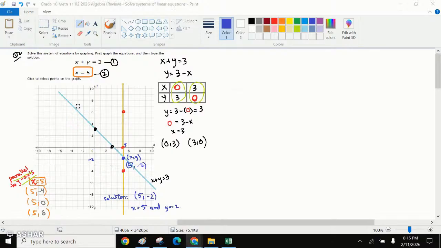Okay, let's see what else we can do. Let's consider a more difficult equation having more values.